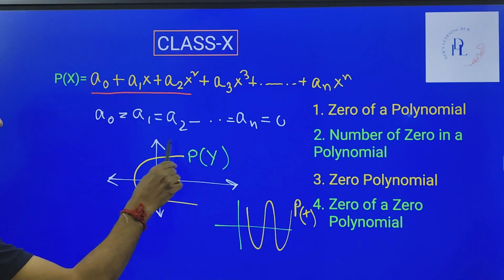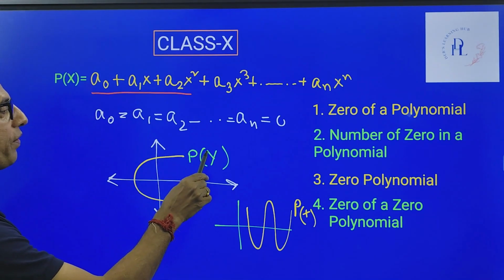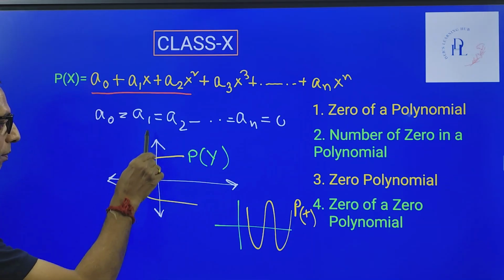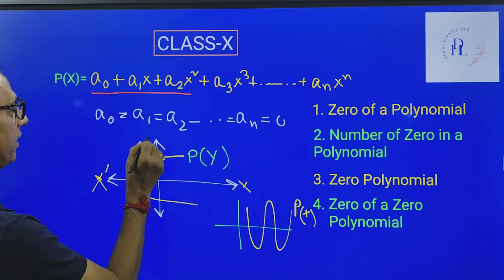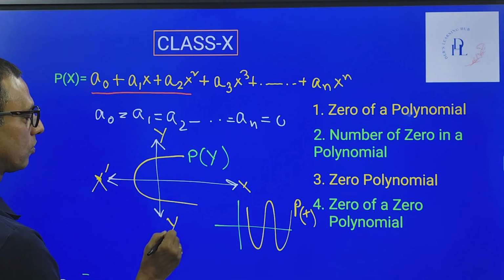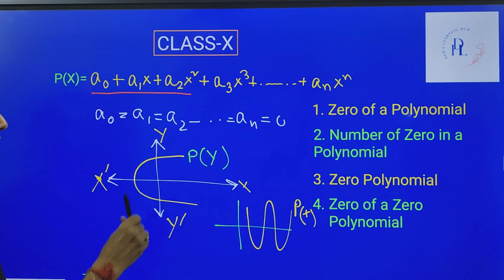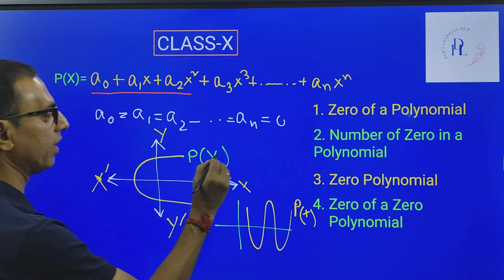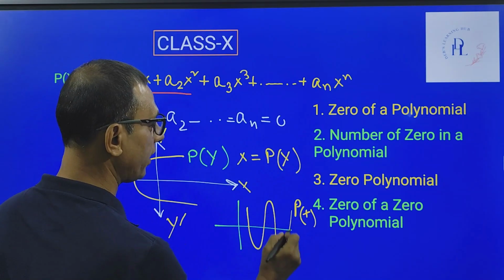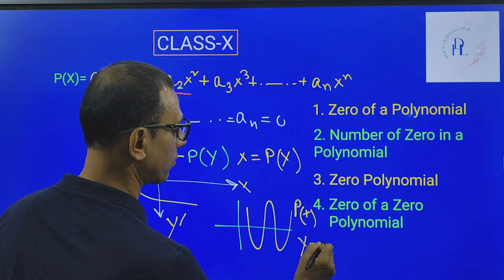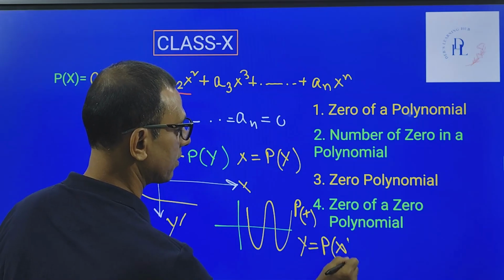Here it is polynomial of y, that means for how many values of y does x become 0, because it is an x and y axis given. So everything is in terms of x and y. Here it is x equals p of y, x is a function of y. Here y is a function of x, polynomial of x.